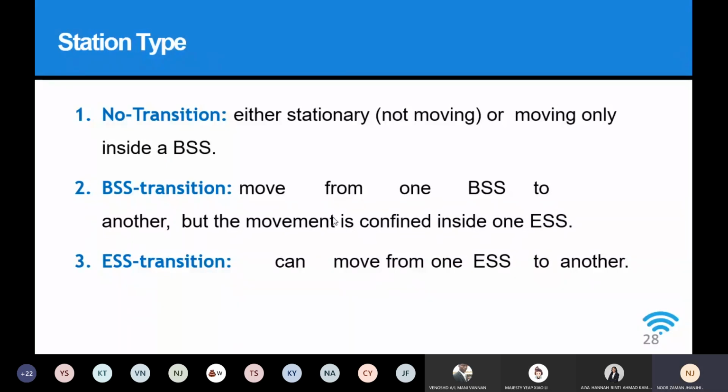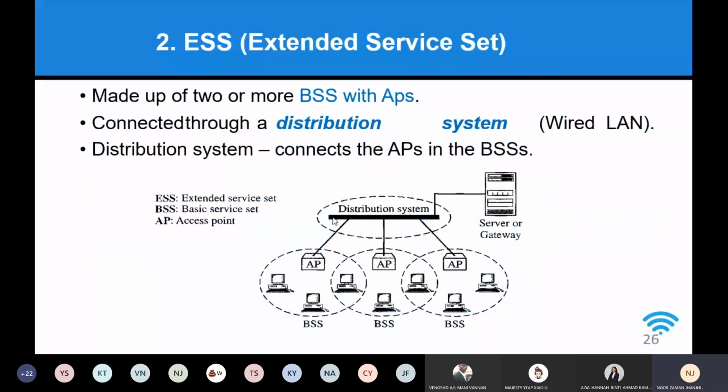So when we are moving from one BSS to another BSS, like going back to this one, we are moving from here to here, here to here, no problem. But these three all belong to one ESS. Maybe we have another ESS here, another ESS here. So we are not moving from one ESS to another ESS, but moving within the one ESS.